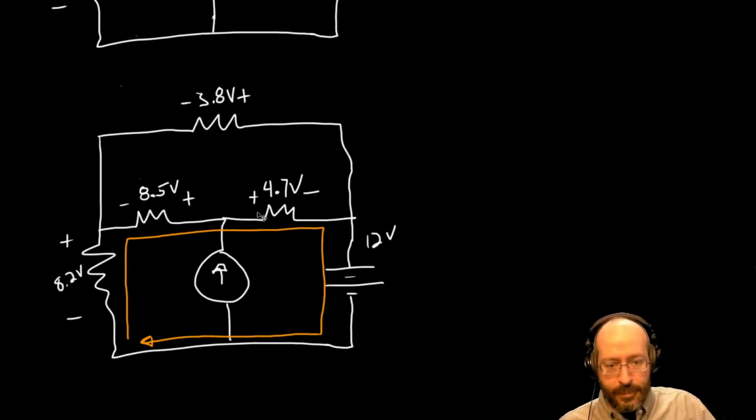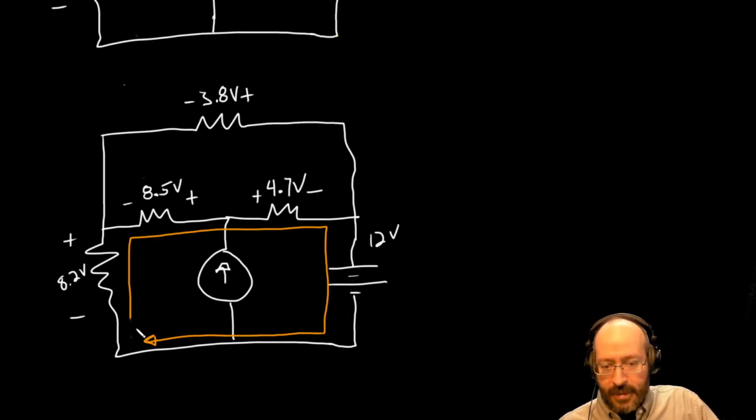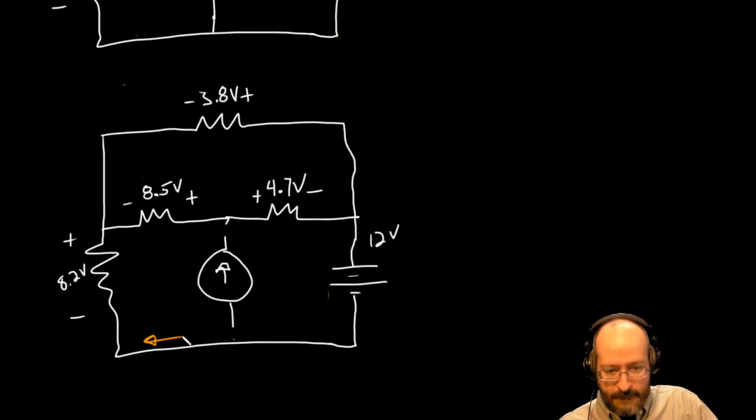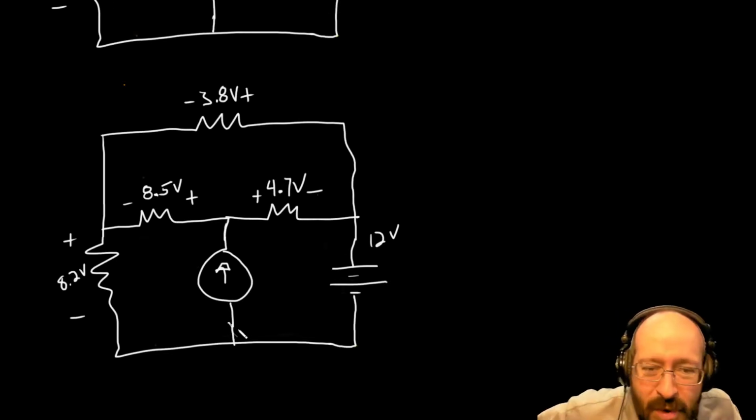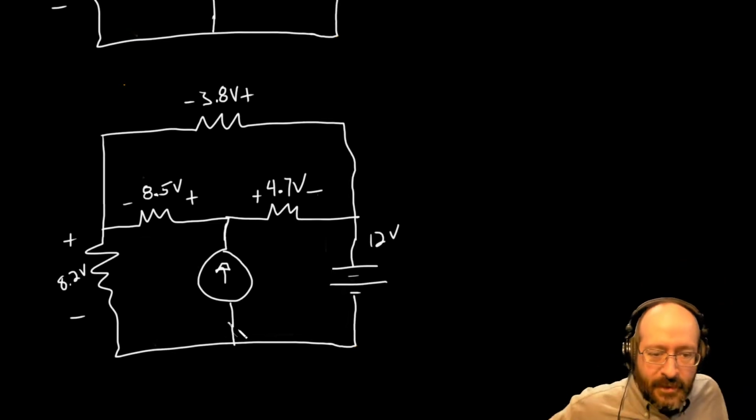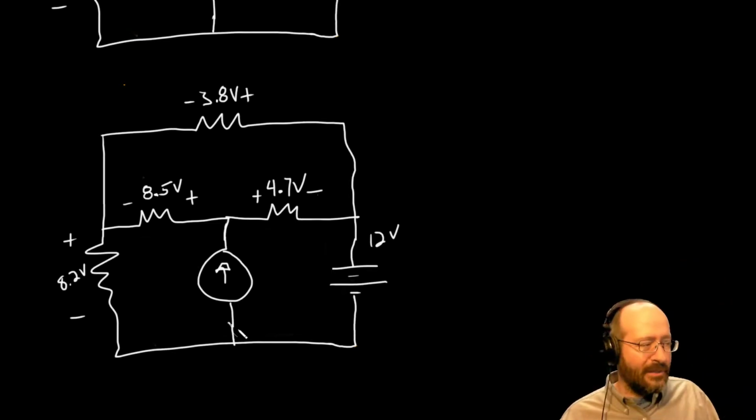in the loop. Okay, so I've got to play this game again. Let me erase that. We're going to have to pick a loop that includes that current supply. The other thing we have to pick is which direction the voltage is rising, since we don't know, so we have to pick one and go with it.